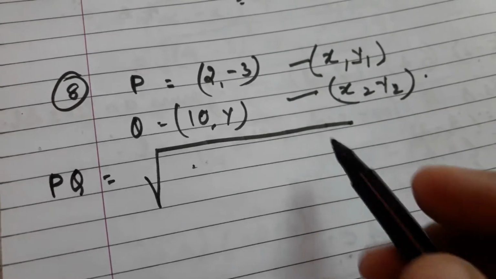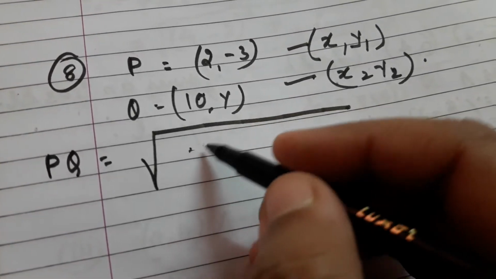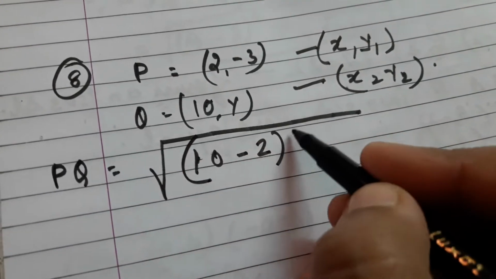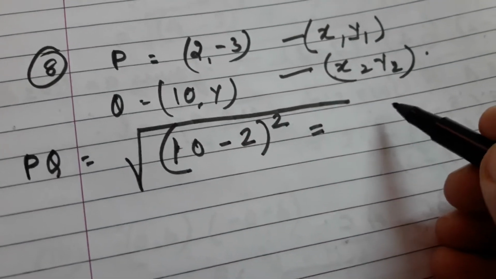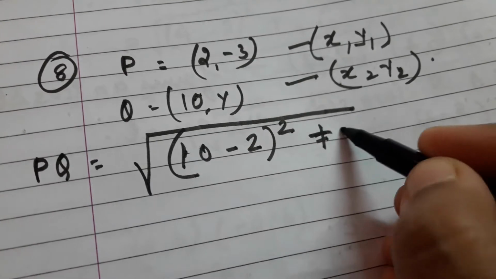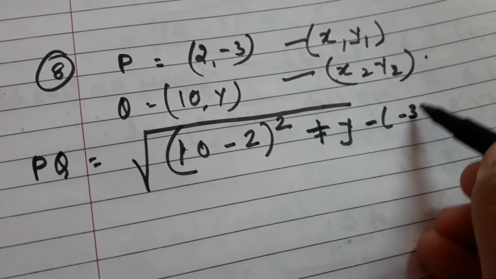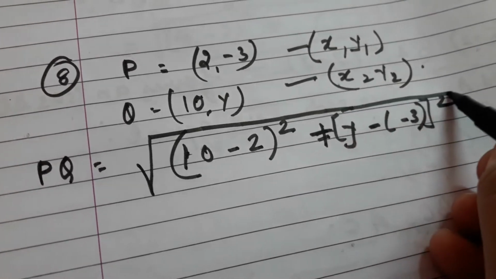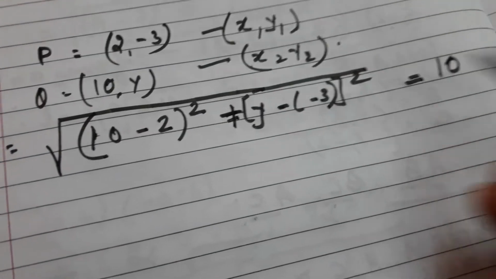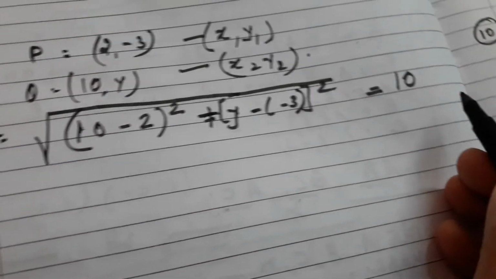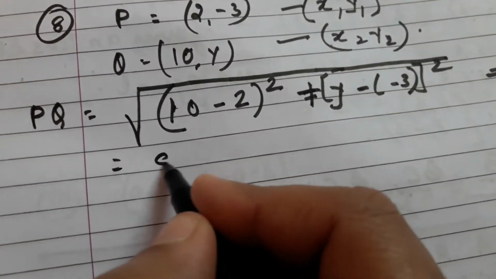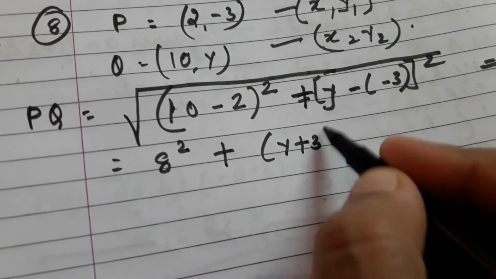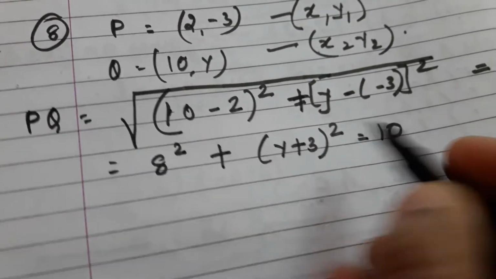So looking at these points, when I substitute here, I get (10 minus 2) the whole square, and this side I get plus (y minus -3) the whole square, and the distance they are saying is 10, so we equate it to 10. So here I get 8 square plus (y plus 3) the whole square is equal to 10, and this is the root.